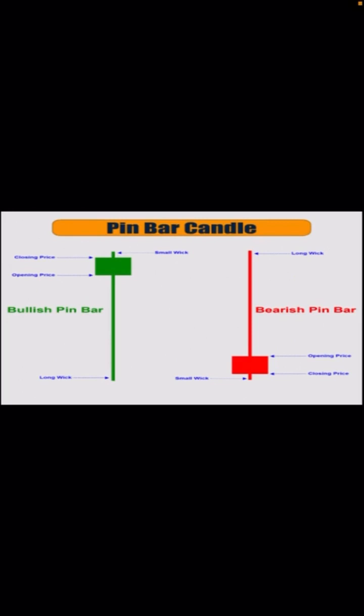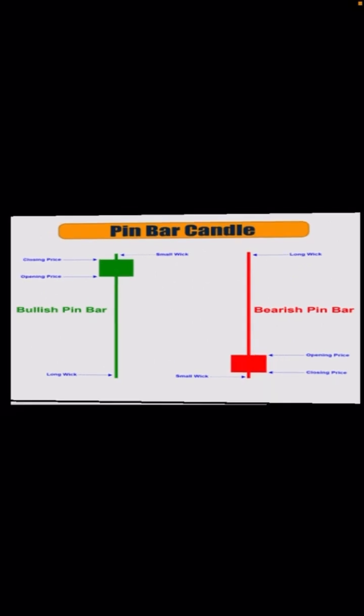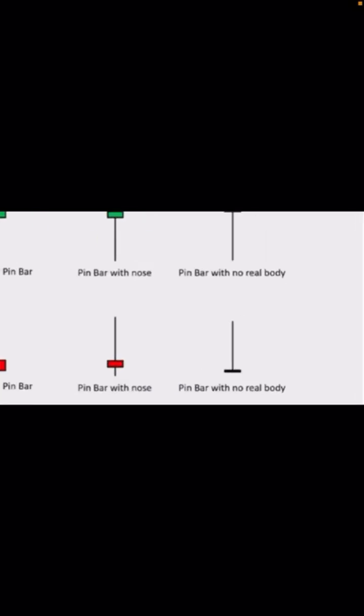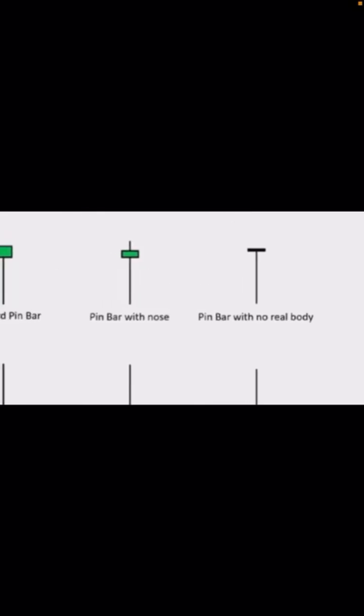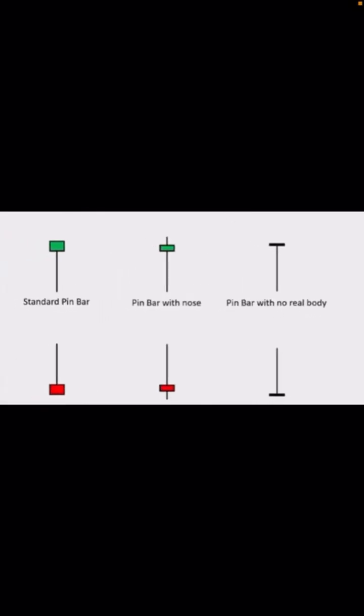The pin bar is either going to be bearish or it's going to be bullish. But this pin bar actually comes in different forms. It comes in different shapes. It may not come exactly the way it is here. So look at how it looks. You can see, this is a pin bar. You can see this kind of pin bar does not even have a real body.